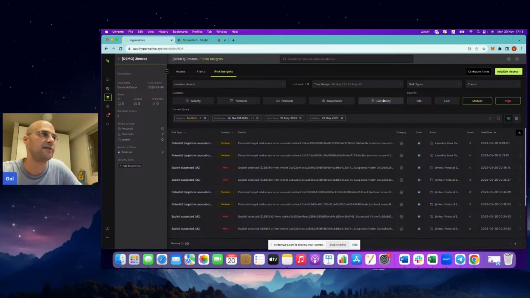So this is another very important option that you should consider when you are picking a real-time monitoring solution, and something that you should address in your protocol, right? You don't want your community or users to get phished or scammed. If you can help them somehow avoid that, it's important for your protocol.